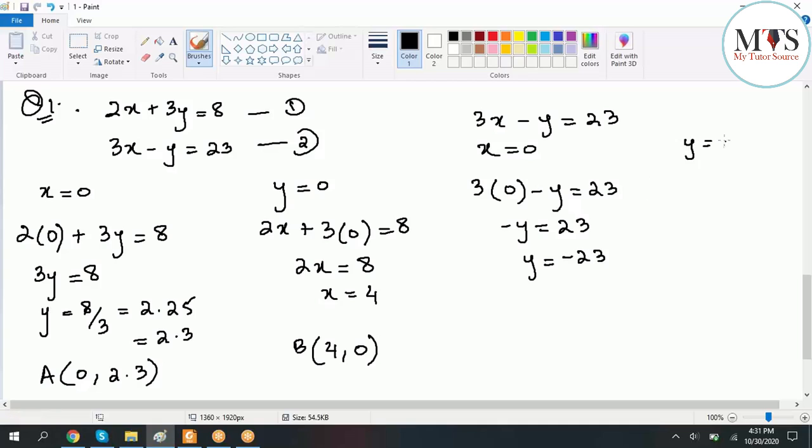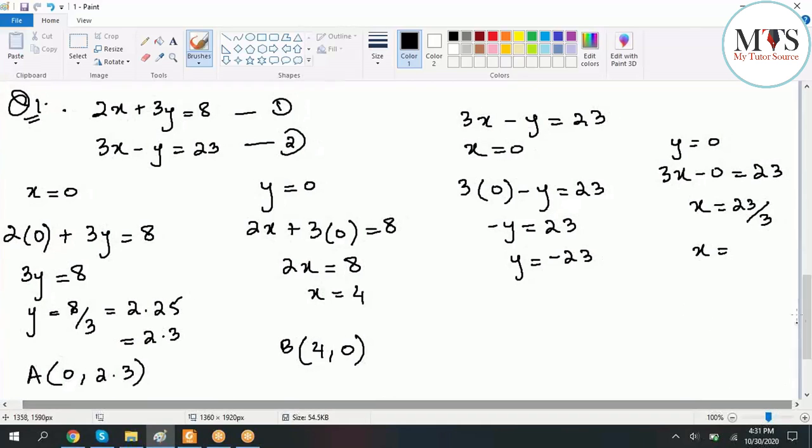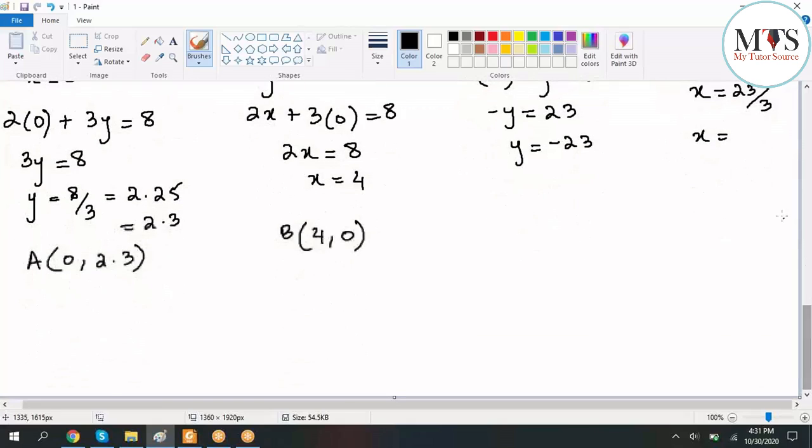Then when y equals 0, 3x minus 0 equals 23, x equals 23 by 3, which equals 7.67. So this is about 7.7. Now what's our next step?